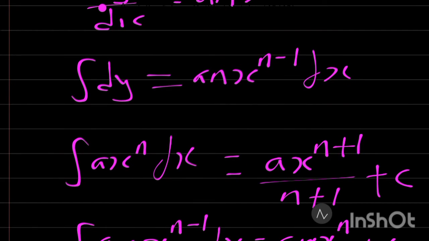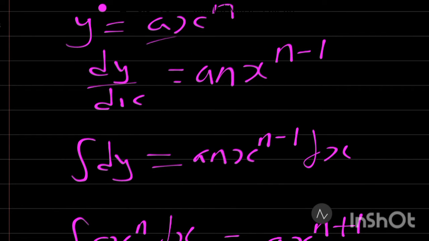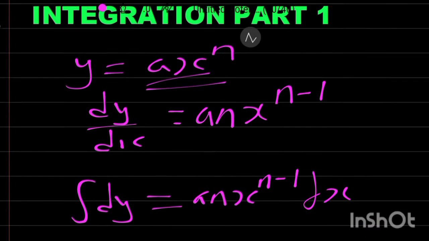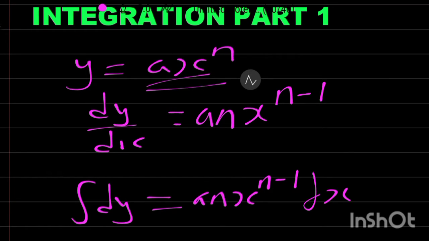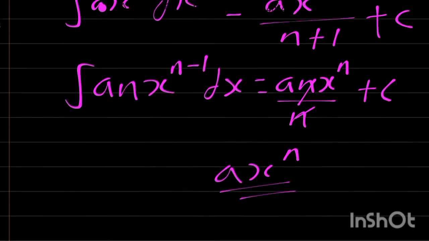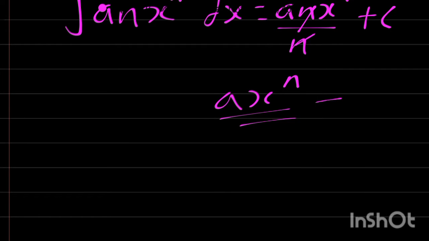So differentiation of ax raised to power n is anx raised to power n minus 1. If I should integrate it, I'm supposed to have ax raised to power n back.